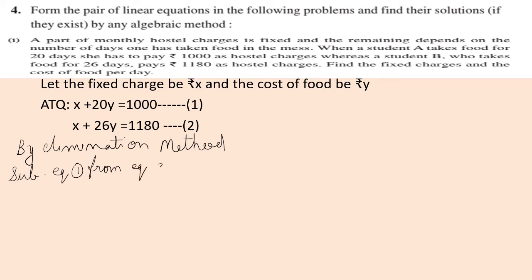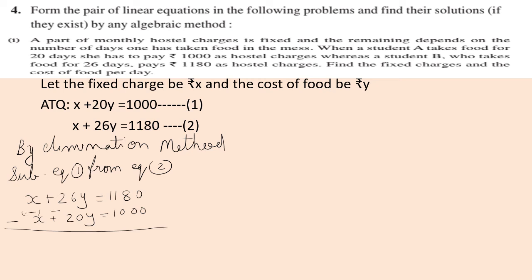equation 2, that is x plus 26y equal to 1180 minus x plus 20y equal to 1000. Have to do the subtraction. Subtraction means change the sign of the subtrahend, then you have to add.